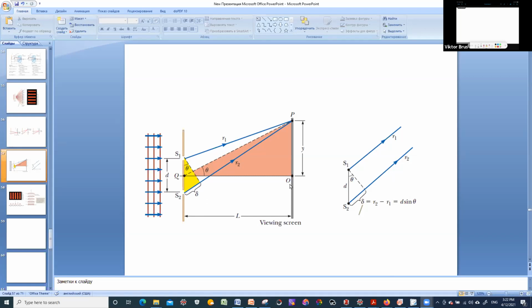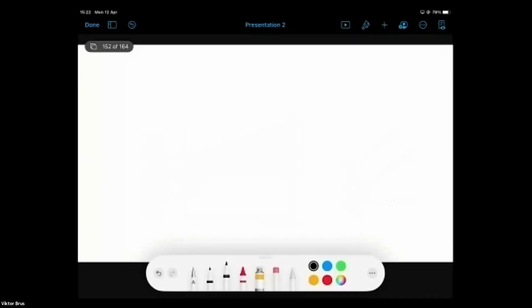So let us go now to this slide where we can write down these conditions for constructive and destructive interference. So we remember that we have this delta, which is equal to d times sine, not alpha, that's theta, and this is the difference in path.